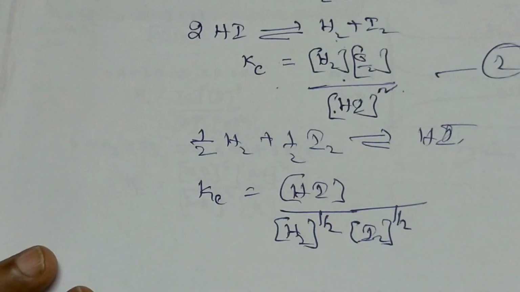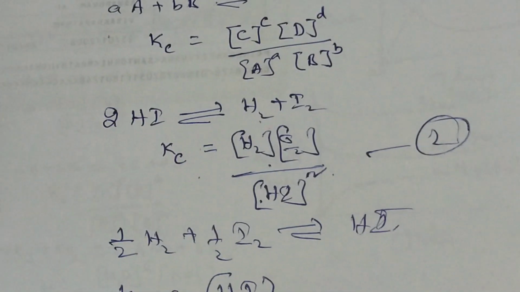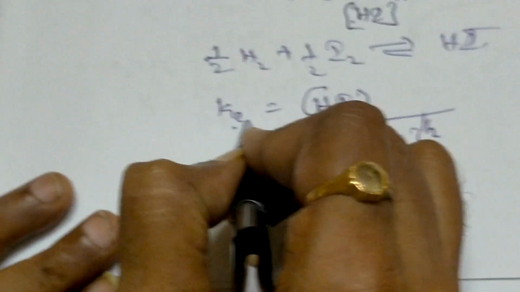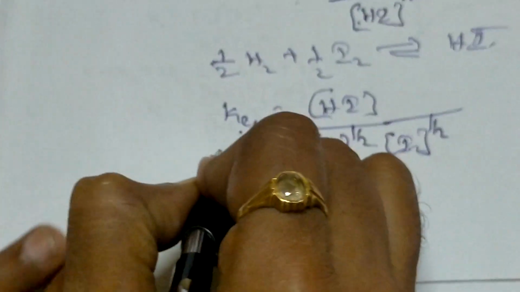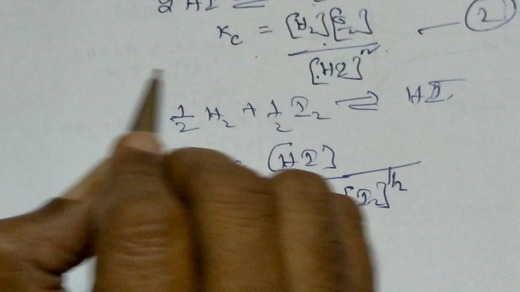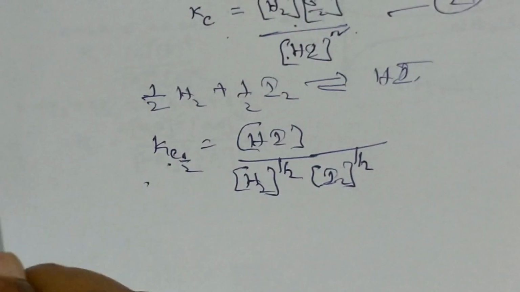Now what will be the relation between this one and this one? This will be the half of that one. So multiplying, therefore the equilibrium constant for the reaction is equal to Kc to the power of n. The findings are summarized.